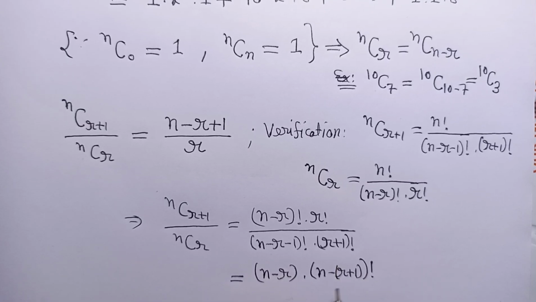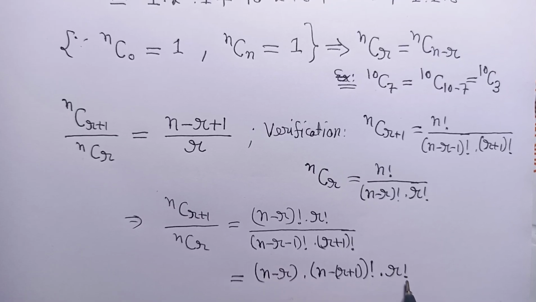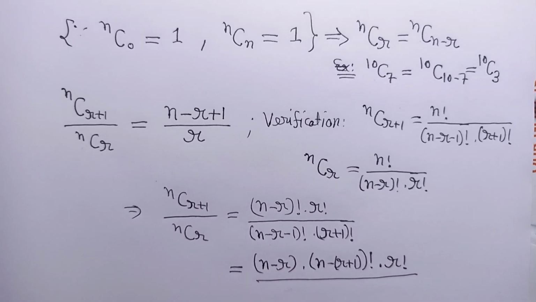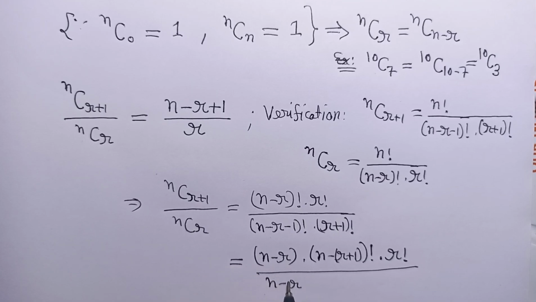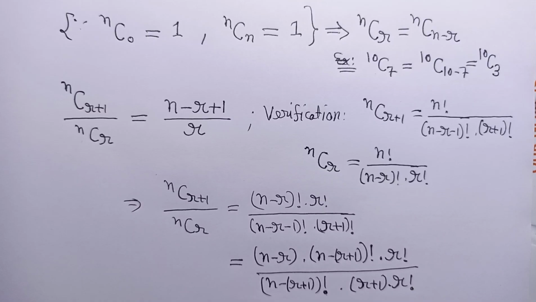So this is (n minus r) factorial, r factorial as it is, divided by (n minus r minus 1) factorial into (r plus 1), and (r plus 1) you can write in factors as (r plus 1) into r factorial.